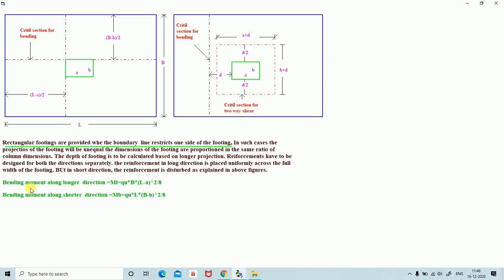The bending moment along shorter direction is qu, that is earth pressure, into L, the longer length of the rectangular footing, into B, width of the footing, minus b square by 8. These are the bending moment considerations for longer and shorter directions of the footing.